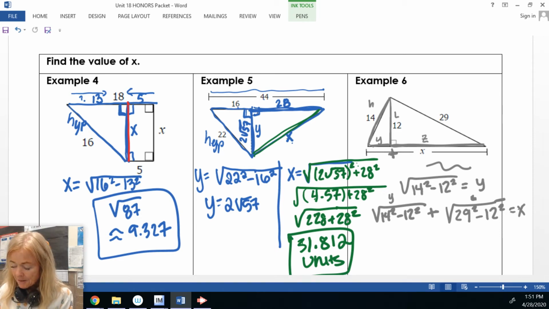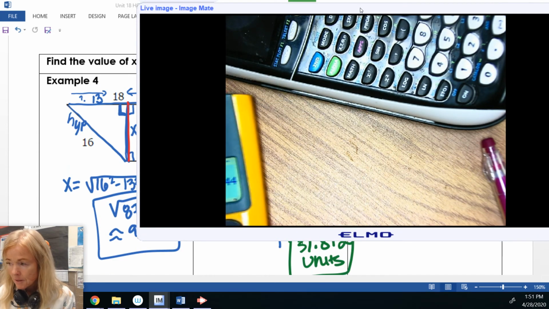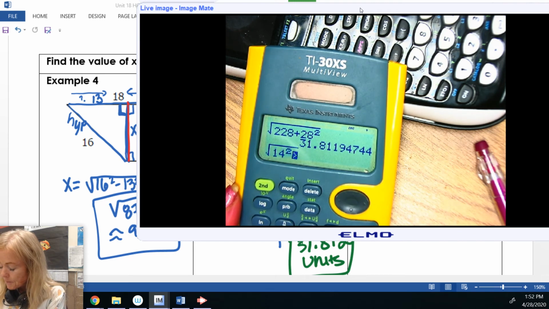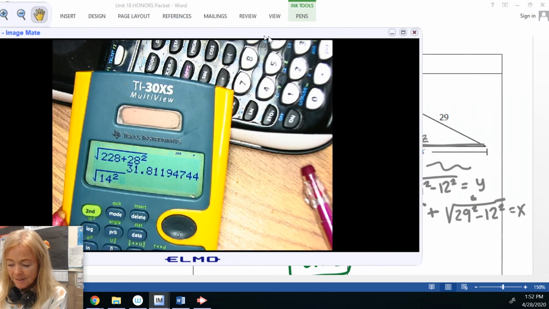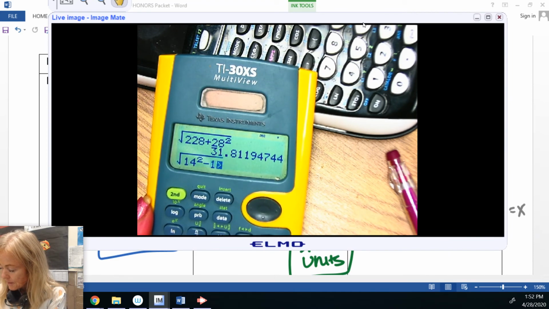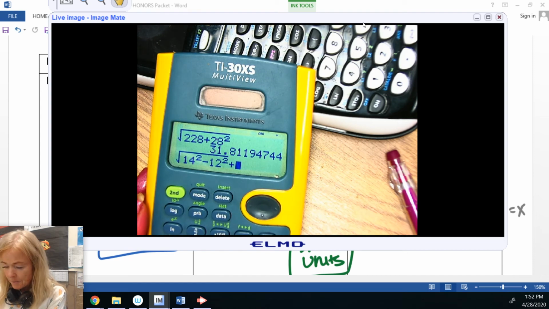So in my calculator, I can even bring it over. I am going to put in the square root of 14 squared, forgot what it was, minus 12 squared. All right, arrow out, and that's y.